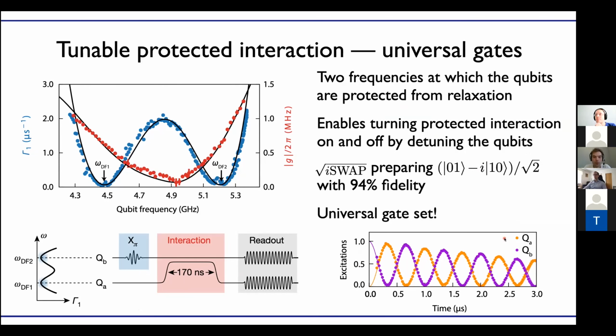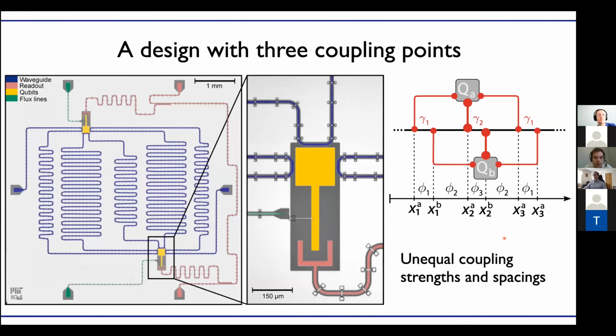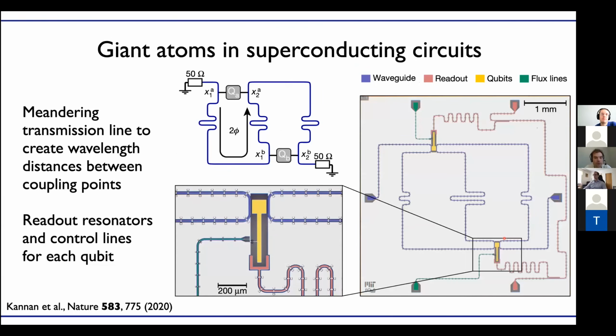So another question related to the experimental part. As you showed, these qubits are placed at a distance equal to one wavelength. So I wonder whether it is possible to put two qubits at much larger distances, let's say 5 lambda or 10 lambda. So there might be some limitations.